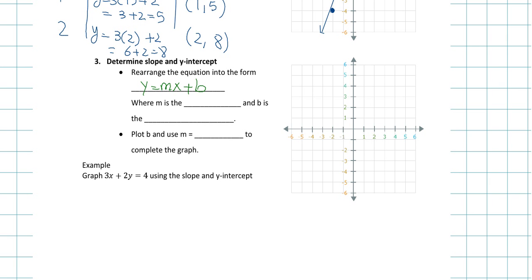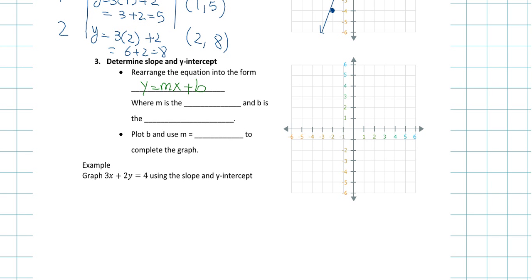What does the slope mean? When I say the word slope, what does that represent? The incline of the line. If you're thinking about stairs, and you're looking at the incline of the stairs, how steep are these stairs, or how steep is the hill? We're talking about the same thing here with the steepness of the line.